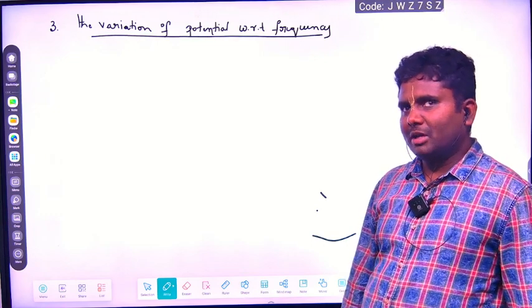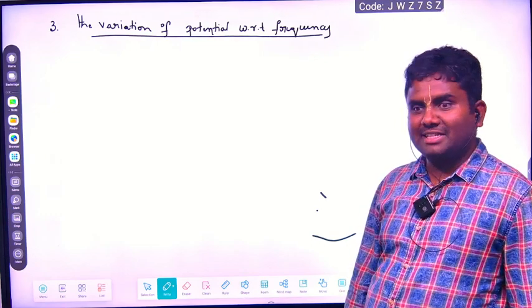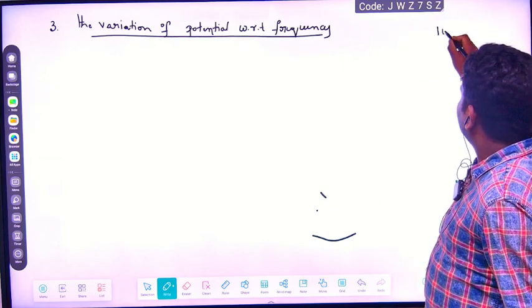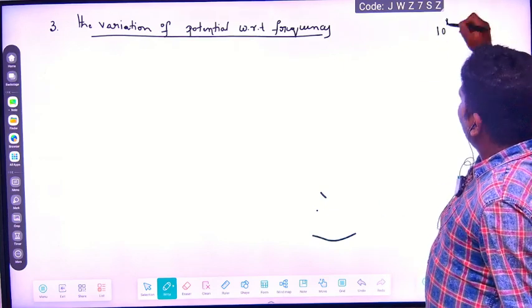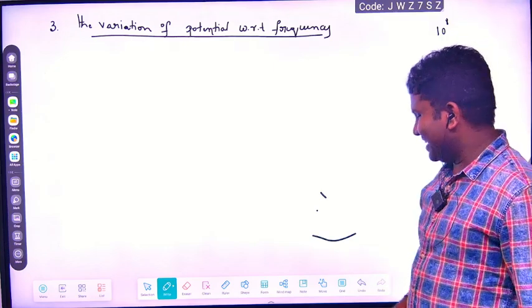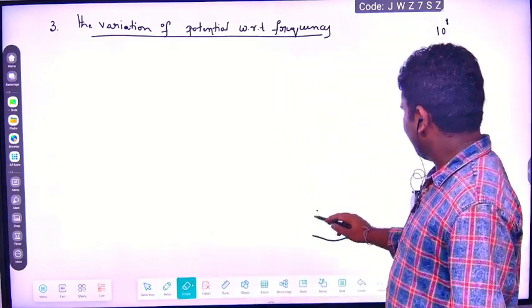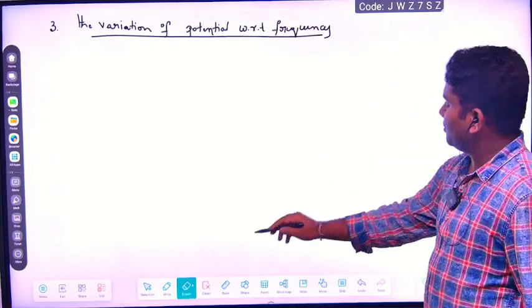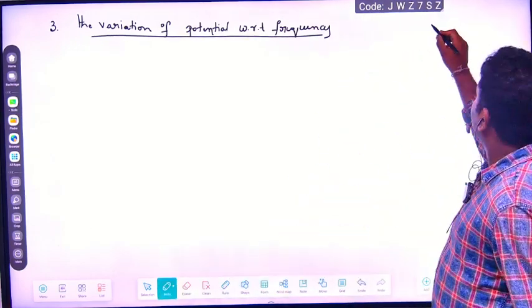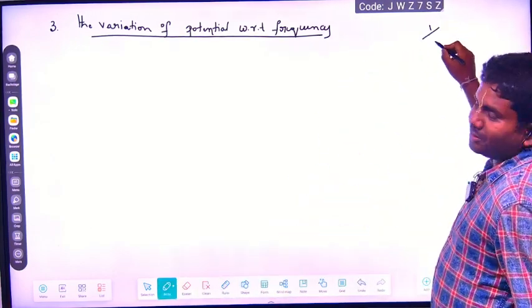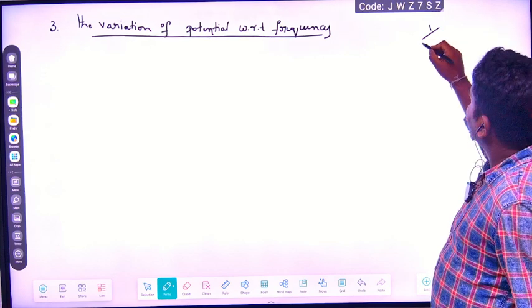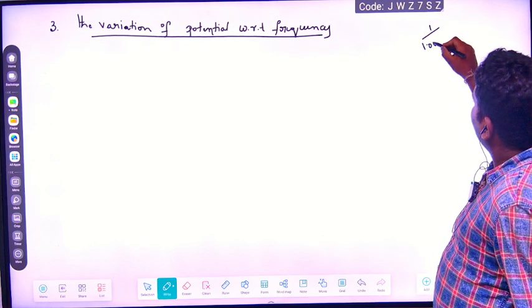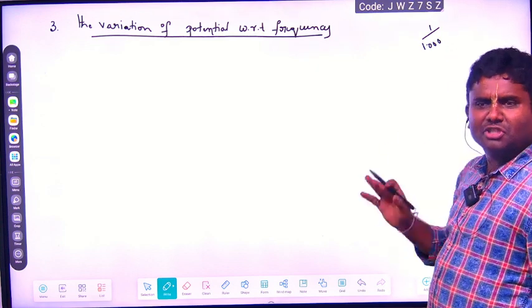There we are discussing now that the photoelectric effect is instantaneous. What is its time duration? Within a fraction of a second, like 1 by 10 to the power of 8, very small.